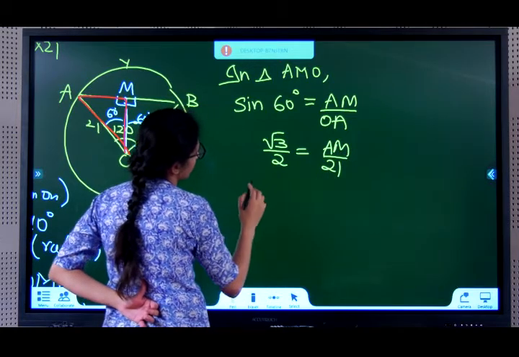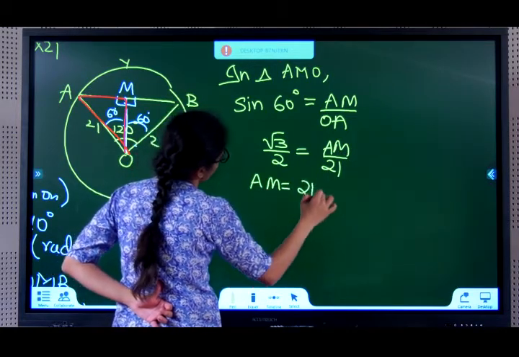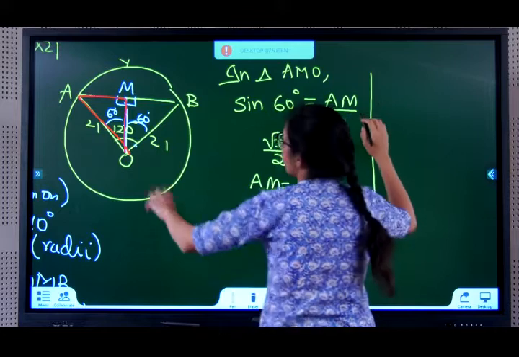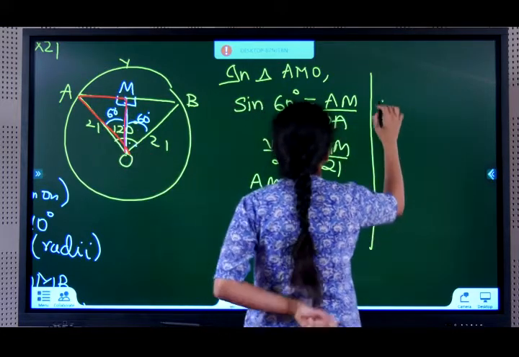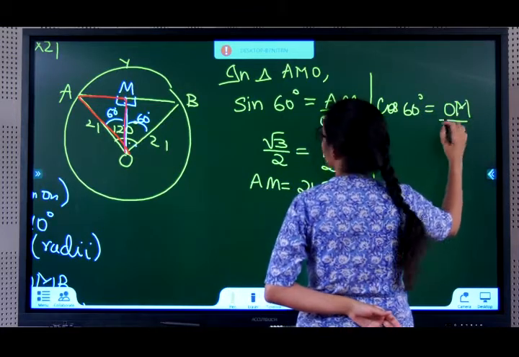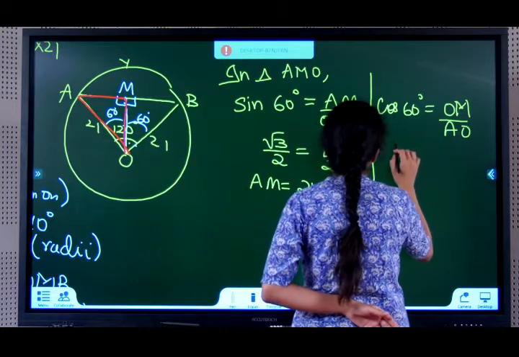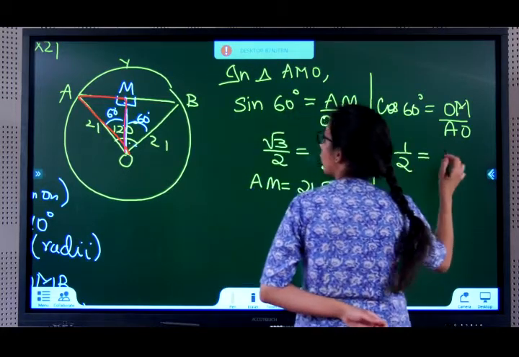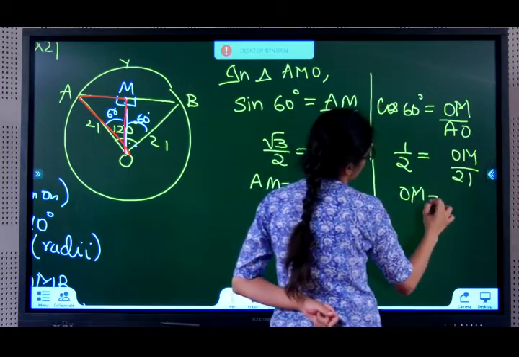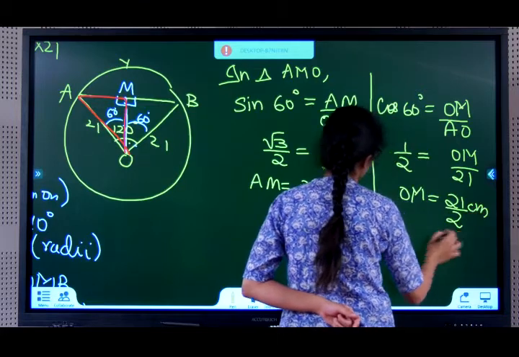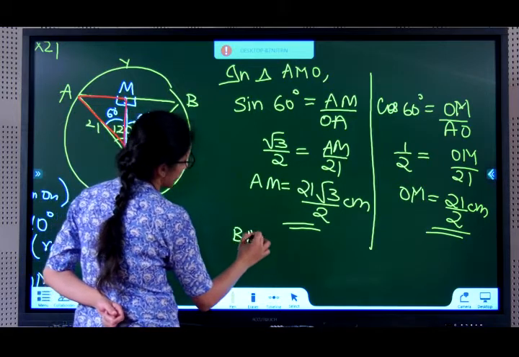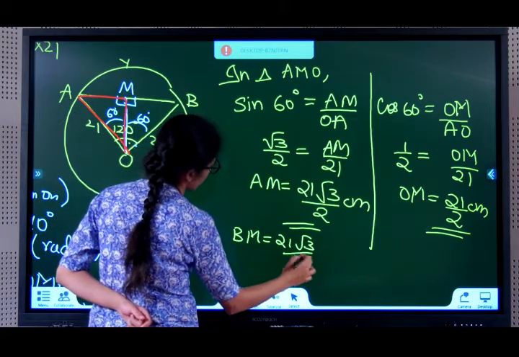Cross multiply, AM is equal to 21 root 3 by 2 centimeters. Now I want OM, which is adjacent. So cos 60 is equal to OM by AO. Cos 60 is 1 by 2, AO is 21, so OM is 21 by 2 centimeters.